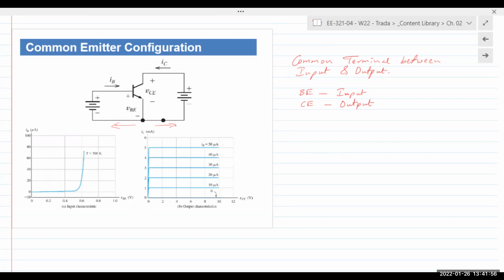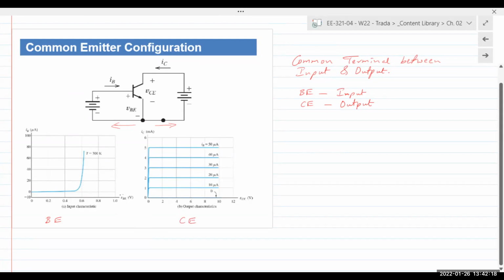If we plot the characteristics for the input and the output, we get the input current versus the input voltage, and the output current versus the output voltage. Input side, it is base emitter. Output side, it is collector emitter.